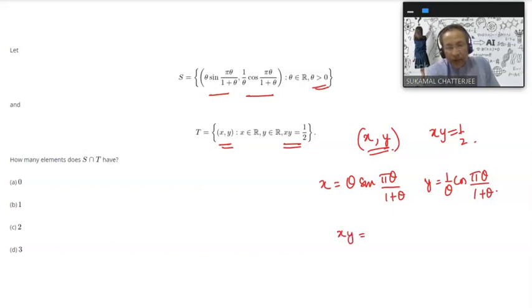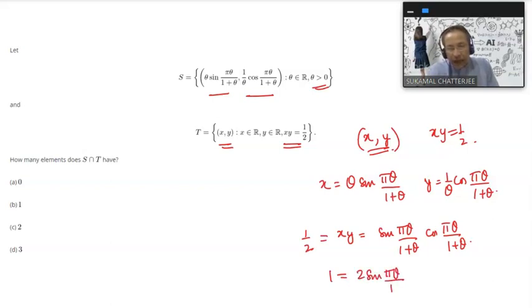Therefore xy, you multiply these two, you get sine of pi theta by 1 plus theta into cos of pi theta by 1 plus theta, and this is equal to half. So you get 1 equals 2 sine of pi theta by 1 plus theta into cos of pi theta by 1 plus theta, which is of the form 2 sine x cos x. So this is sine 2x, which is sine of 2 pi theta by 1 plus theta.